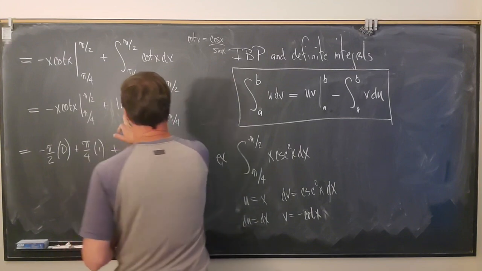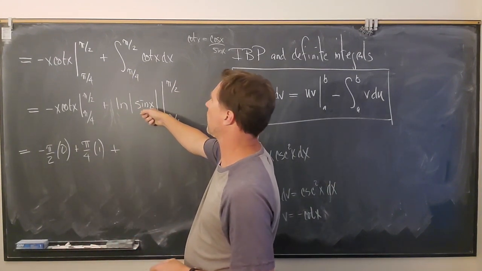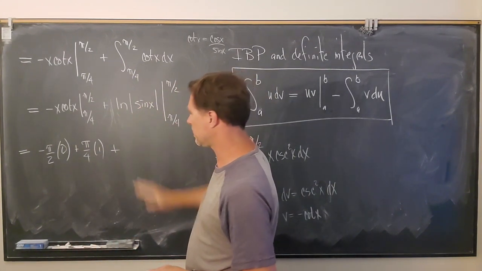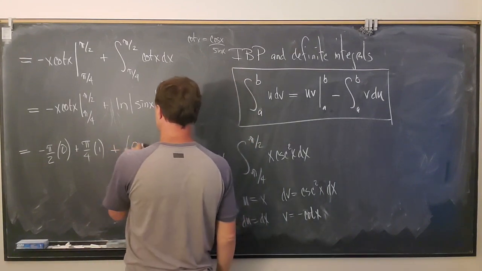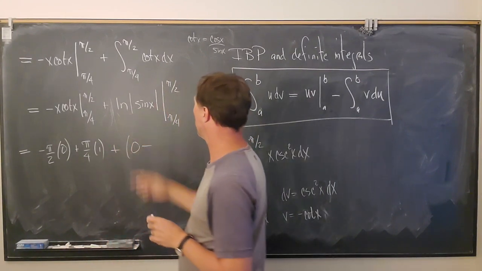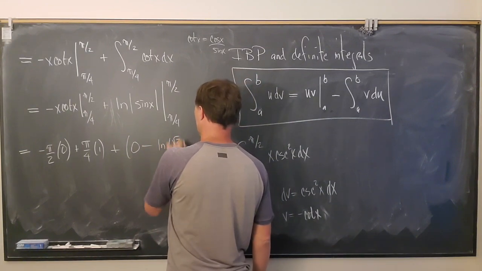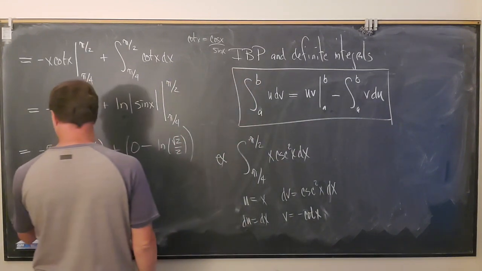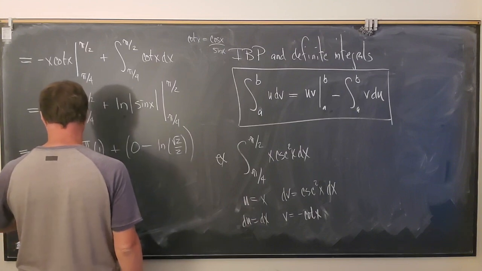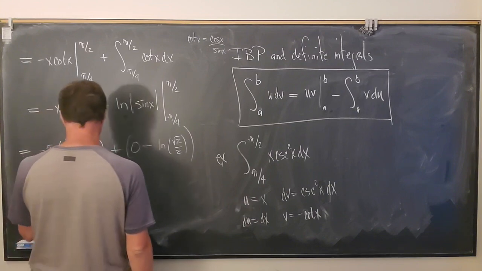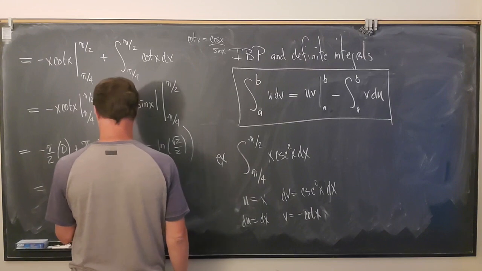Plus, natural log of sine of pi over 2 is 1, natural log of 1 is 0. So it'll be plus 0 minus natural log of the sine of pi over 4, so natural log of root 2 over 2. So in the end, what we get is pi over 4 minus natural log of root 2 over 2.